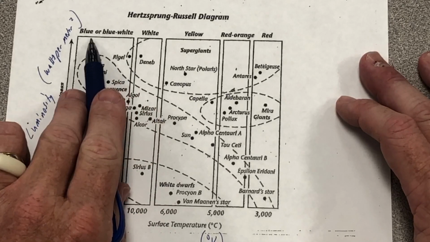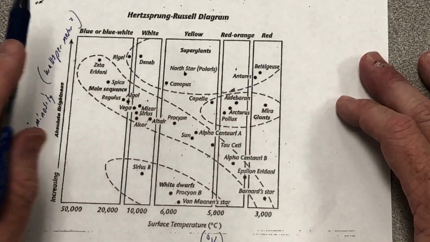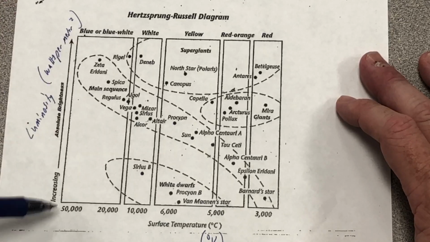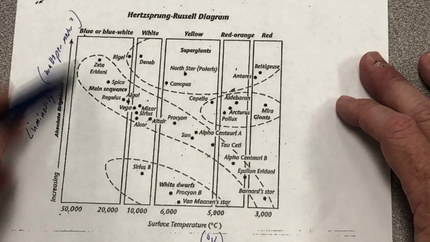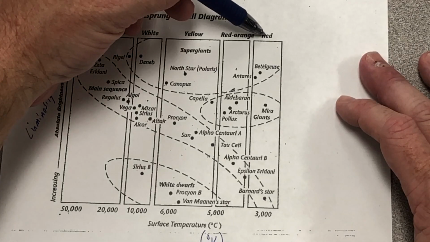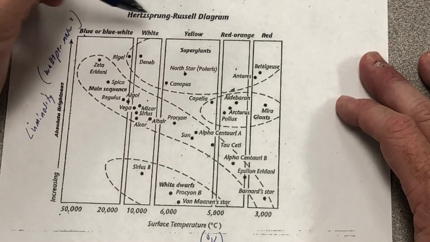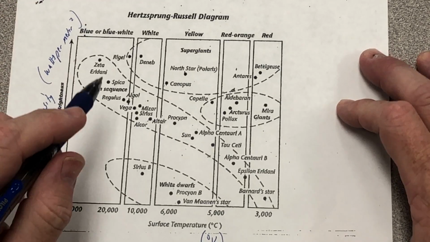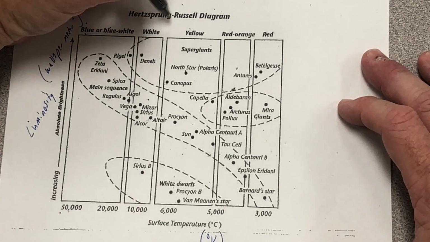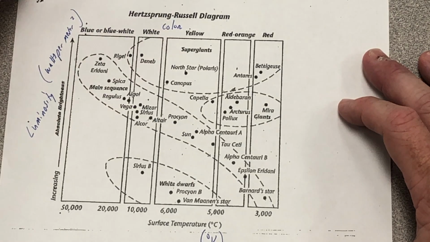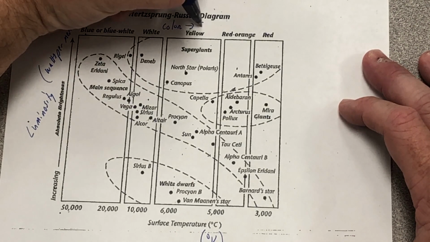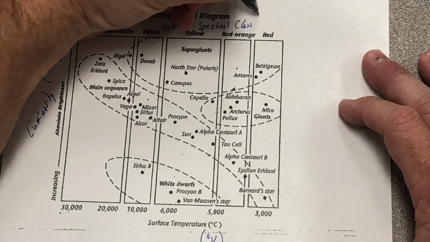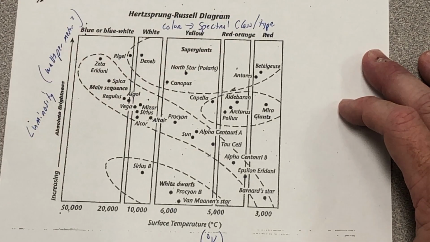Up here at the top, you've got your different colors of stars. Please remember, the bluer stars are the hotter ones, and you can verify that with the surface temperature down here. So, red to red-orange to yellow to white to blue-white, and then finally blue. Now, you will also see this listed by color, but another phrase for that is spectral class or spectral type.